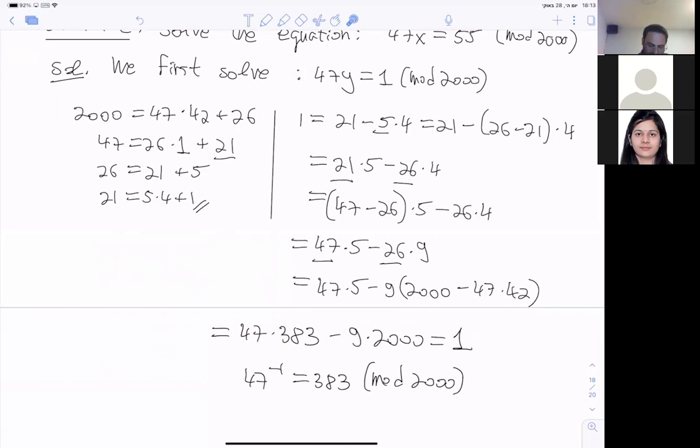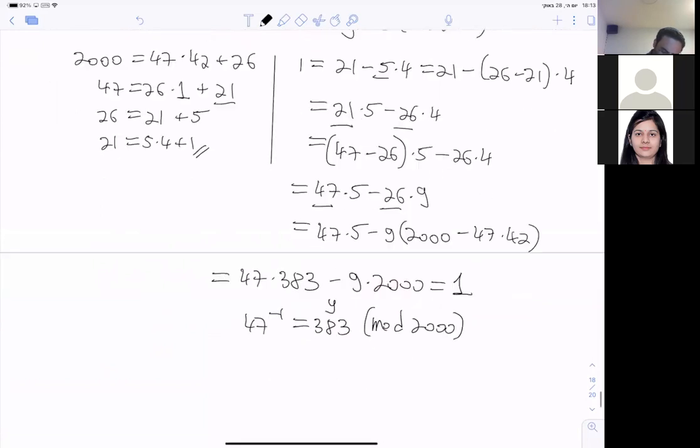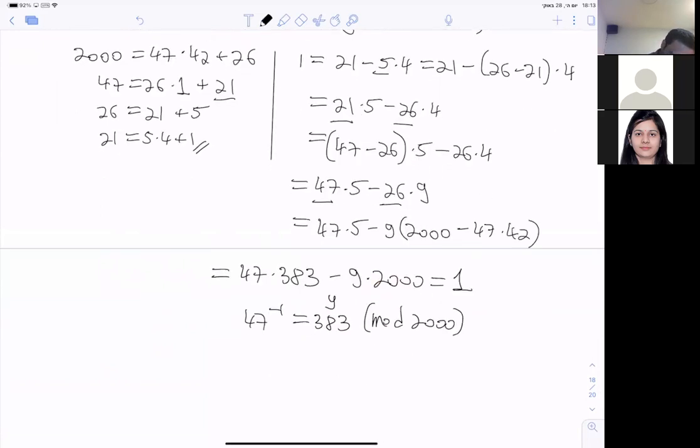And once I know that this brings 47 to 1, okay, this is our y, then what will be the x? 55.